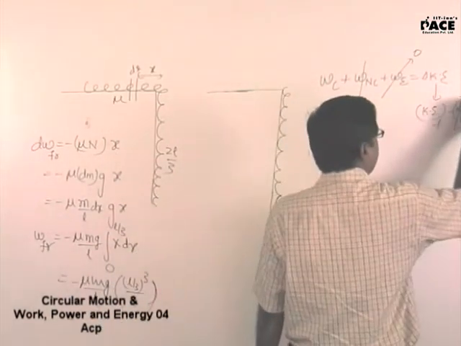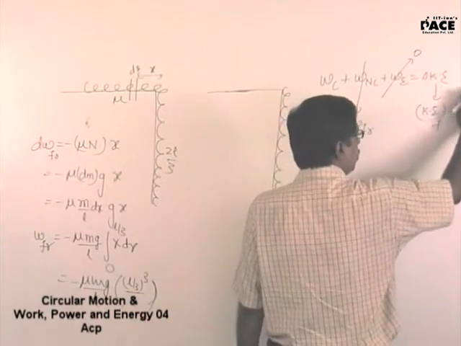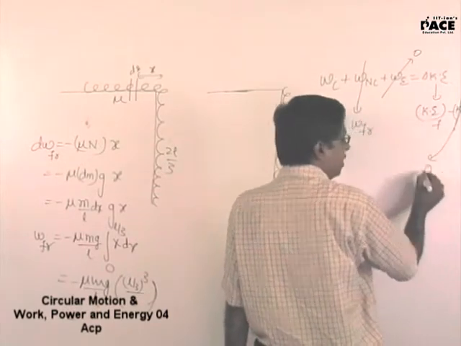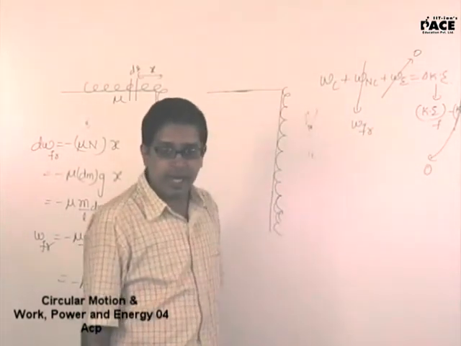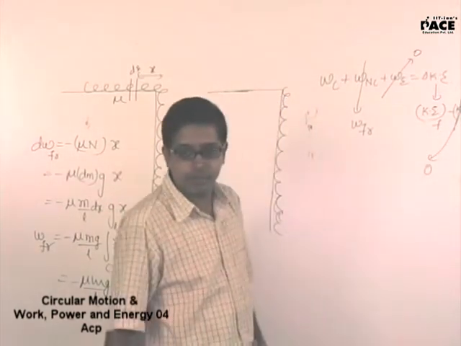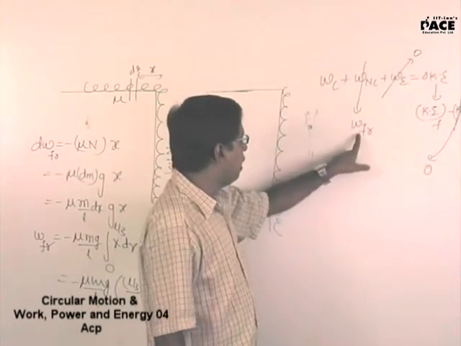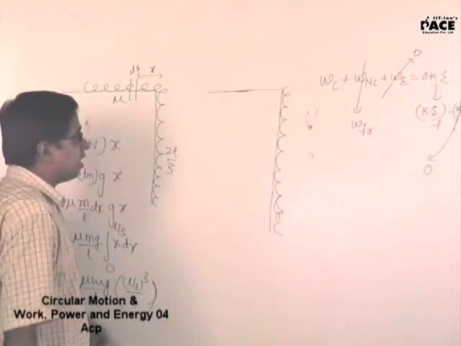Now initial kinetic energy is 0. Are you able to see that? This is kinetic energy final minus kinetic energy initial. Now this is 0. My requirement is kinetic energy final. Work done by friction I just now calculated.